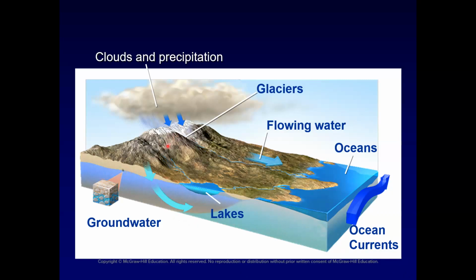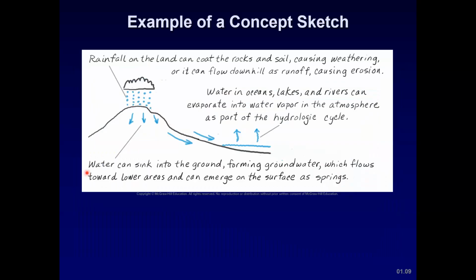Groundwater can then emerge as springs or just be part of what we call an aquifer, where we get water from the subsurface. This concept sketch is kind of reflecting what we discussed in the previous block diagram.